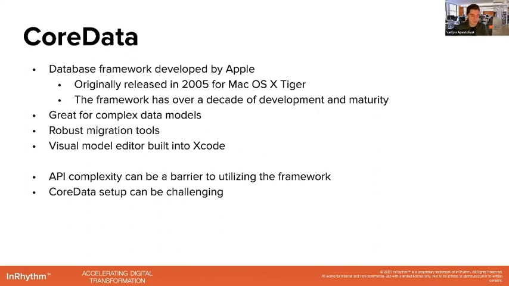Due to the age of this framework, it's become really stable. The core of the framework is super stable and very mature. The API had to evolve over the years, and it's much better than it used to be. But to this day, it's still kind of a hassle to set up.